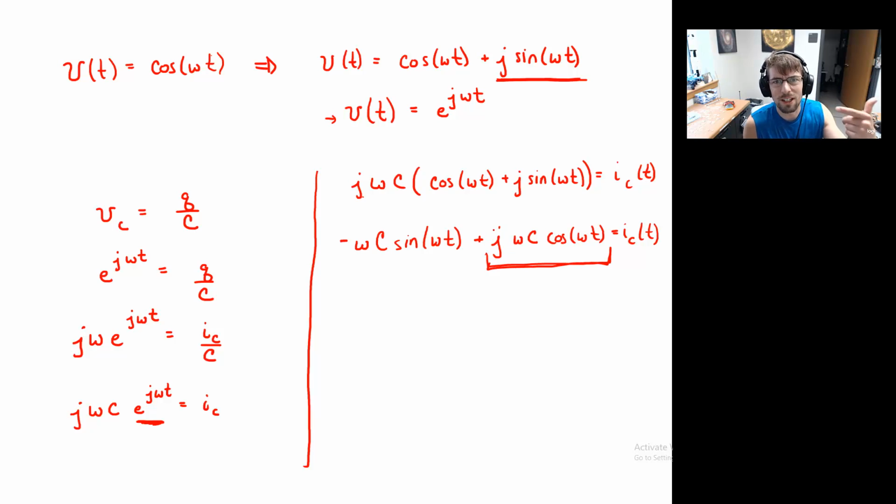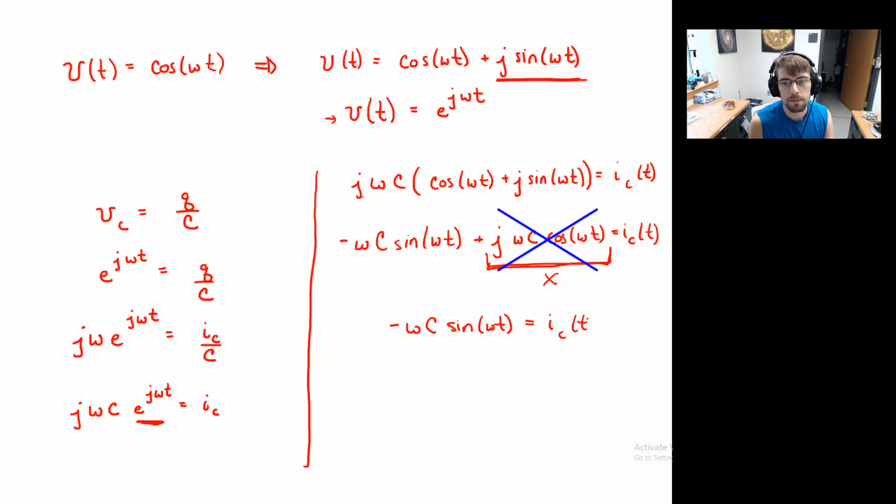We're using that j to remind us of what things don't belong in our final answer. And so at the end of the day, we can get rid of that. Our final answer is negative omega C sine of omega t equals I_C of t.